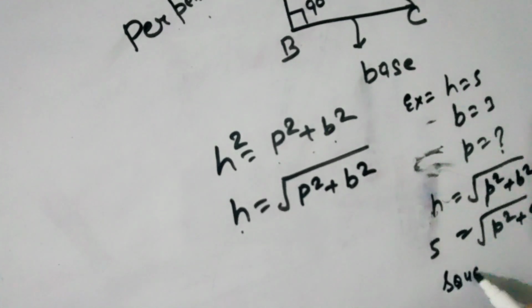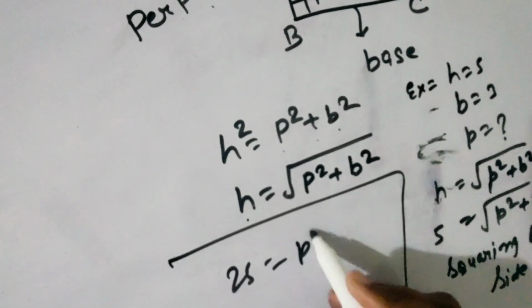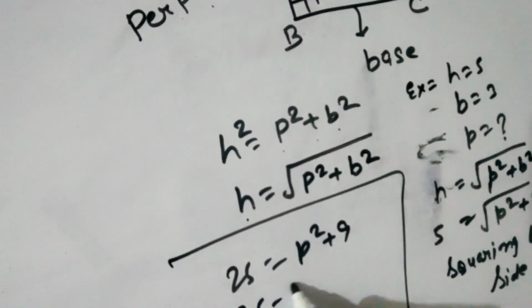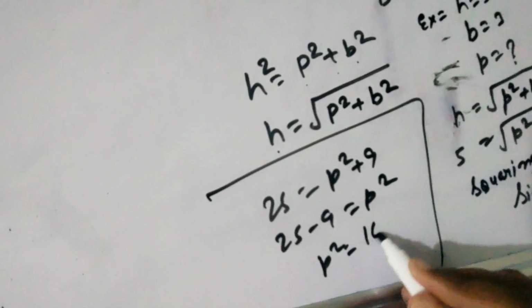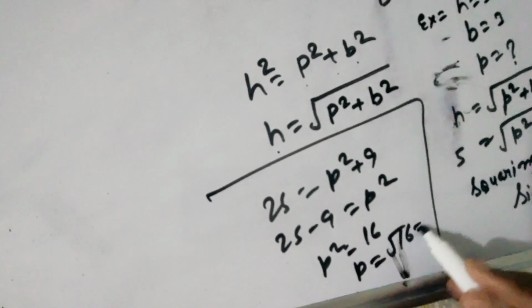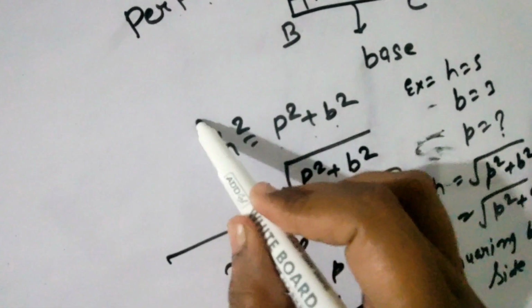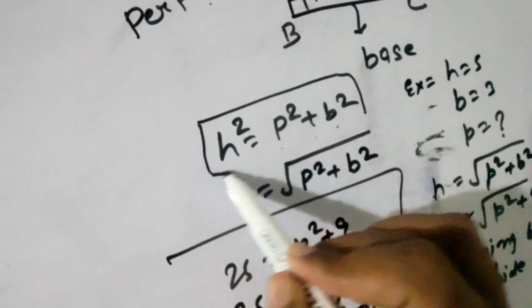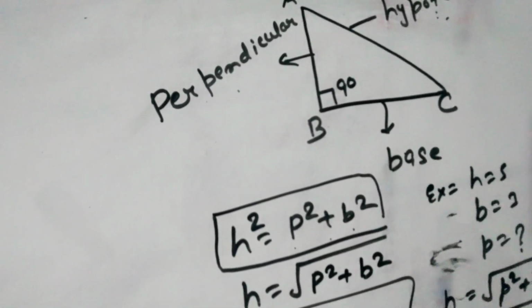Squaring both sides, 5 into 5 is 25, equals perpendicular square plus 9. So 25 minus 9 gives perpendicular square equals 16. The perpendicular is the square root of 16, which is 4. This formula is only applicable to a right angle triangle, not to other triangles.